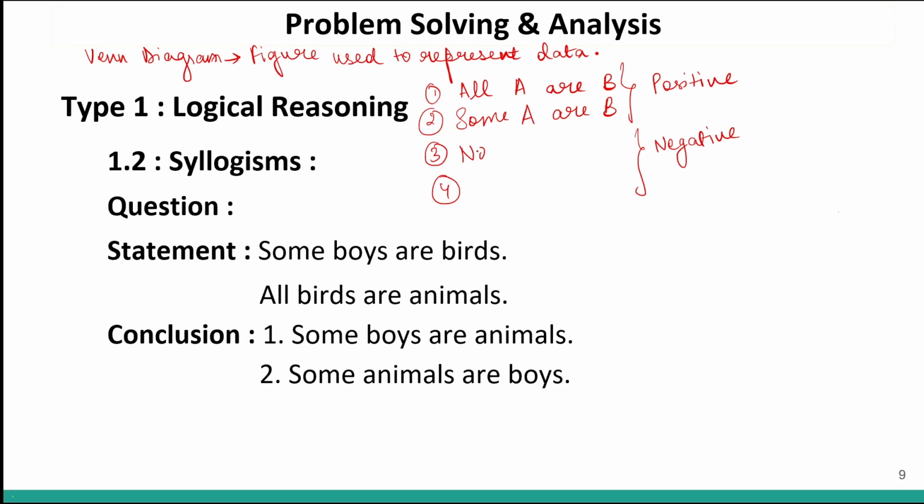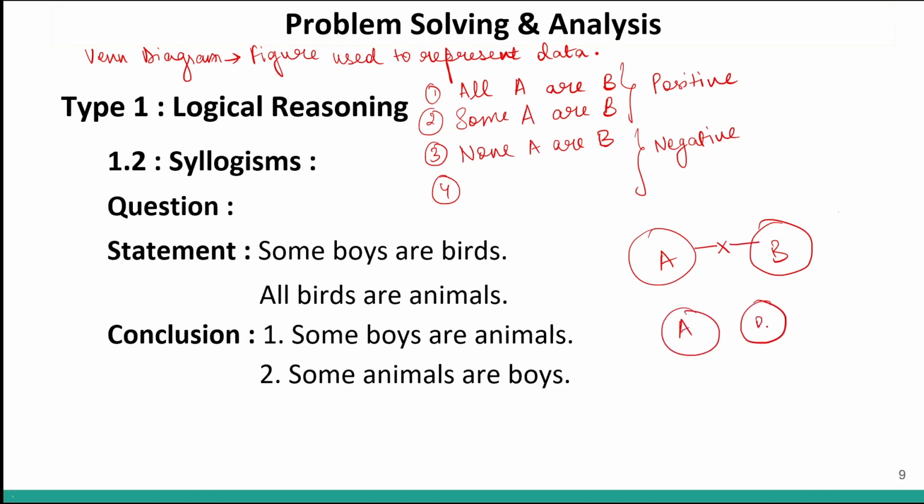If I say that no or none A are B, that means A and B will not overlap. A is different and B is different. No A and B are the same. So this will be represented with a cross. You can either represent it like this or like this, to remember that A and B will not overlap. So this is a negative statement.